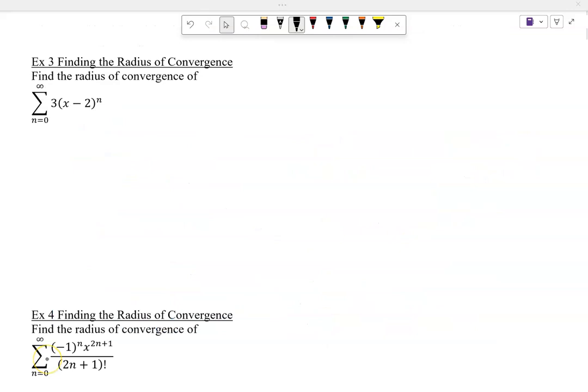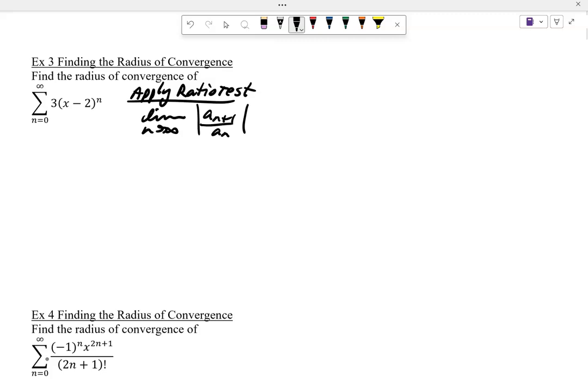All right, for this power series, we're going to go ahead and apply the ratio test again. So limit n goes to infinity, three x minus 2 to the n plus 1 over 3 x minus 2 to the n.